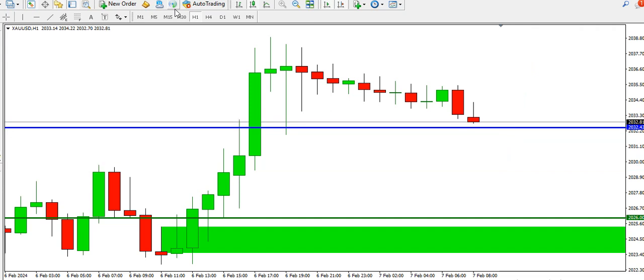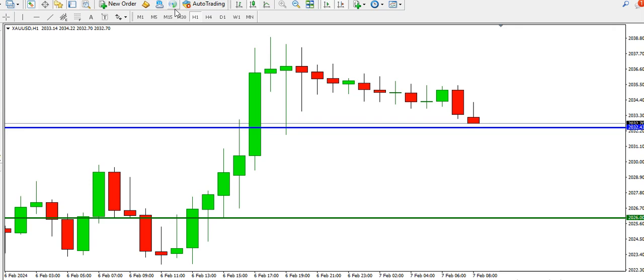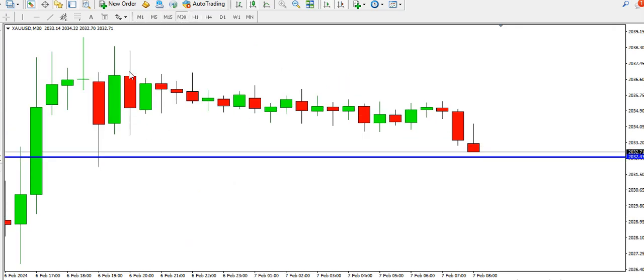Let's take a look at the 30 minutes time frame. On the 30 minutes time frame, it's obvious the sellers, the bears, are in the market, and price is dropping.